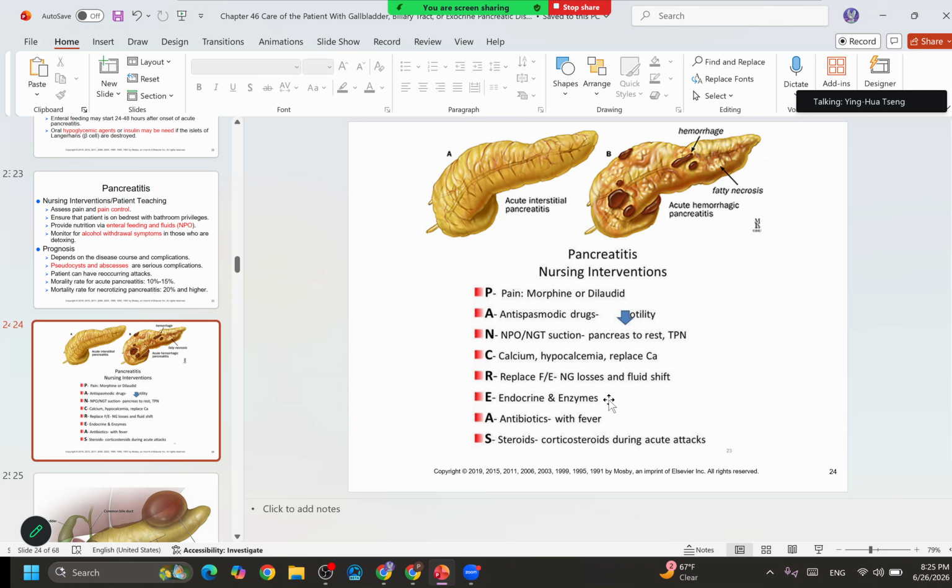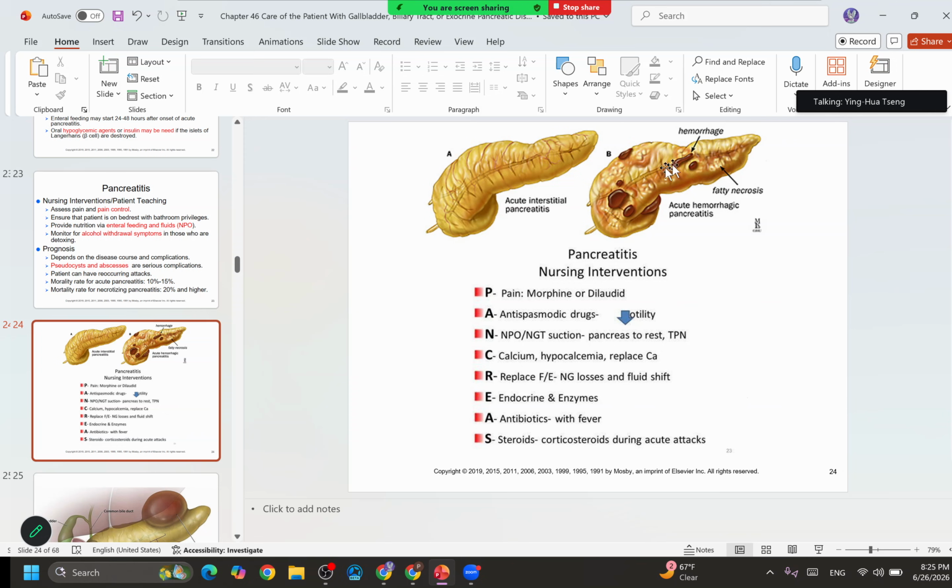So the endocrine system with the enzyme. That means the endocrine system patient will become like a diabetes patient, a secondary diabetes. That's why we have to give some insulin, because the beta cells get destroyed by the enzyme already. All right, and also, because we don't want the enzyme to keep releasing, right? That means the patient also will destroy the cells of the pancreas.